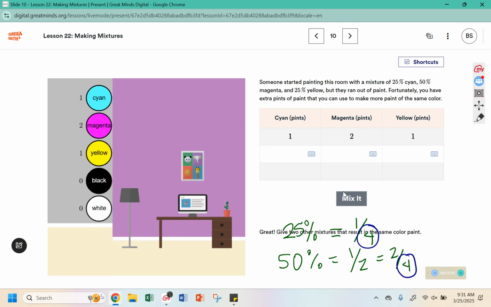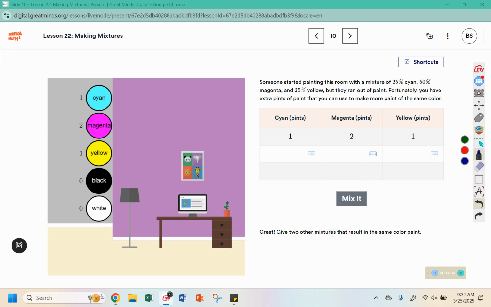Then it says, give 2 other mixtures that result in these same paint colors. Well, if I had 1/4 and 2/4, if I wanted a total of 8, I could make that 2/8 and 4/8.